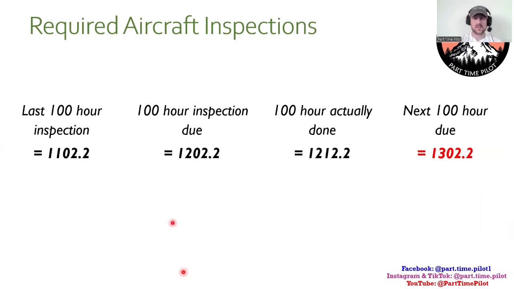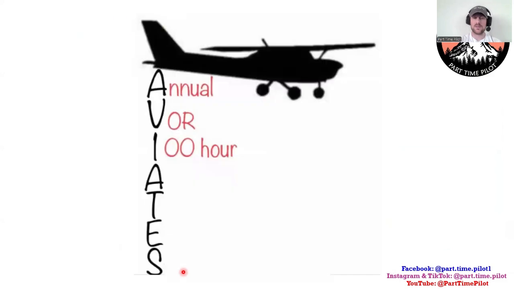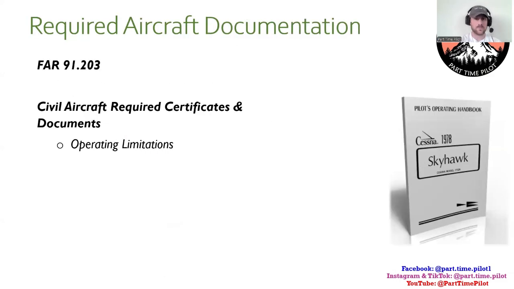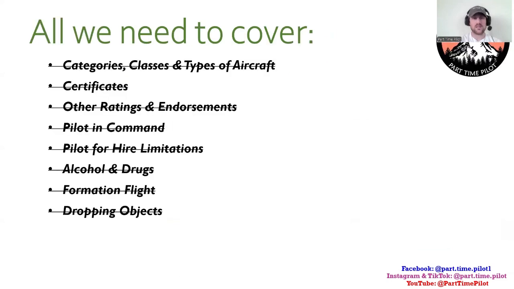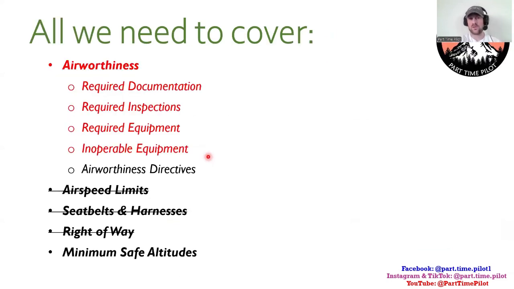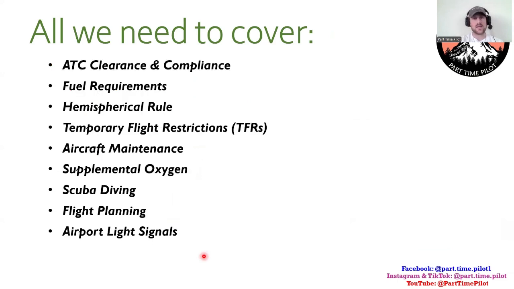So next time, and I want to do this soon, maybe next week, be on the lookout for the next live lesson. We're going to do the airworthiness directives. We kind of mentioned what an AD or airworthiness directive is. Then we'll talk about minimum safe altitudes, and then probably ATC clearance and compliance.